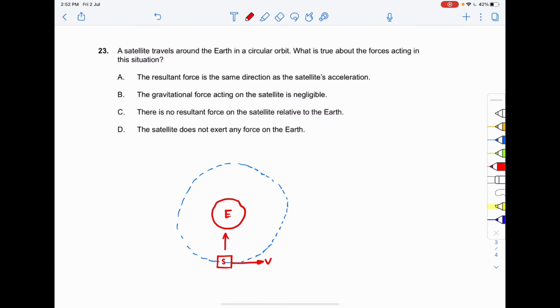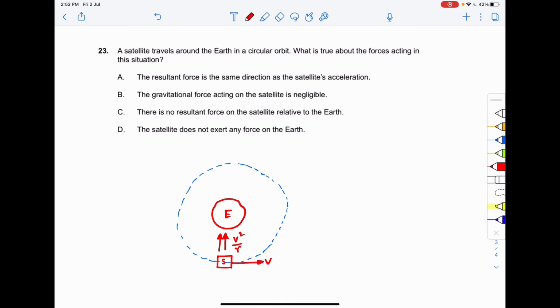So the acceleration of the satellite is always there, and that is the centripetal acceleration, which is equal to v square by r, where r is the distance between the earth and the satellite. And the force that the earth exerts on the satellite is also in this direction, which is the force between the earth and the satellite.